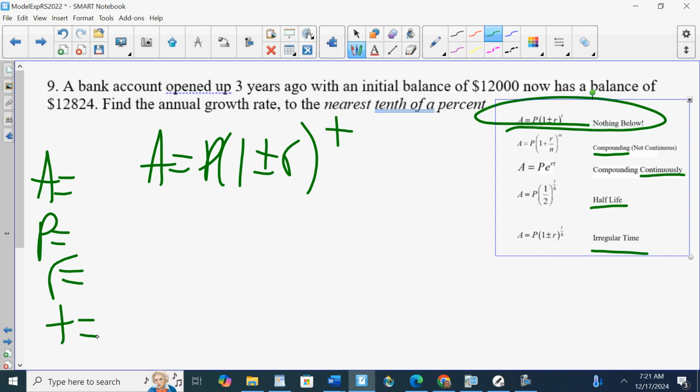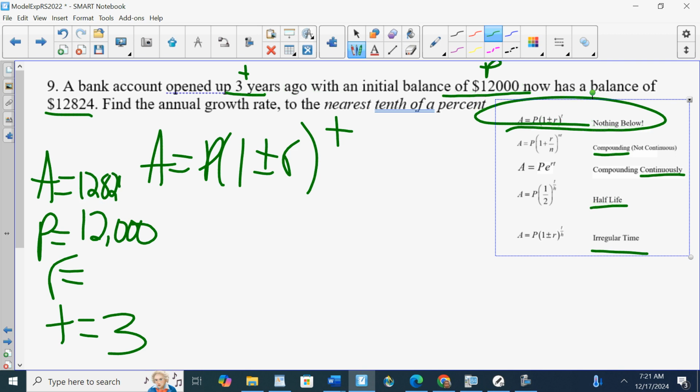A bank account opened up 3 years ago, that's T, with an initial balance of 12,000. Initial is P. Now has a balance of 12,824. The after amount, after time passes, is now 12,824. P is the initial or starting amount. A is the amount you have after time passes.